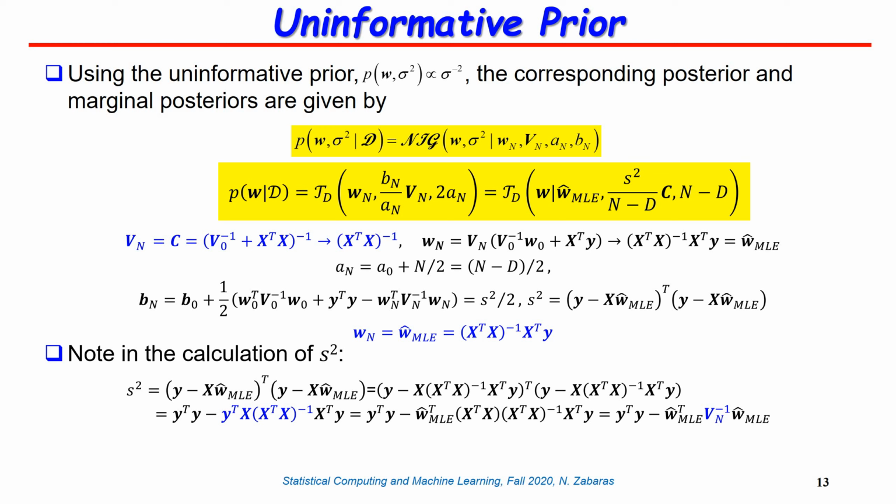Now, what is interesting with this uninformative prior, this 1 over sigma squared, is that you get a very nice marginal on W that is a Student t distribution. I've only substituted all the parameters we had in the expressions given earlier, in terms of the specifics we have for this uninformative prior, and we get this nice Student t distribution with degrees of freedom n minus d.